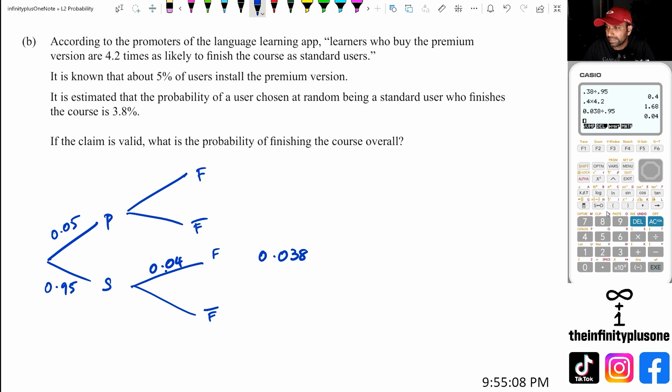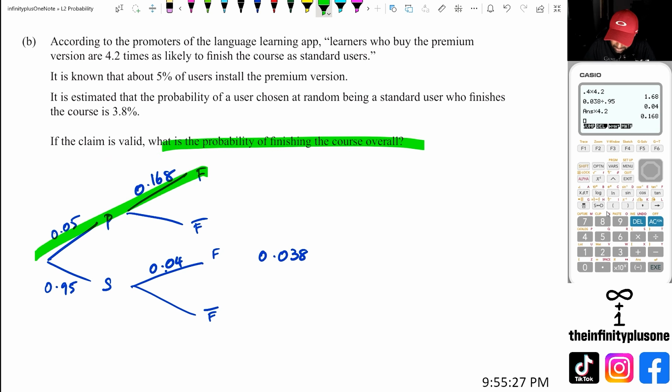That's going to be 0.04. And then it says premium users are 4.2 times more likely to finish the course than standard users. So I'm going to multiply that by 4.2. That's going to give me 0.168. Now I want to know the probability of finishing the course overall. So that's going to be this branch plus this branch.